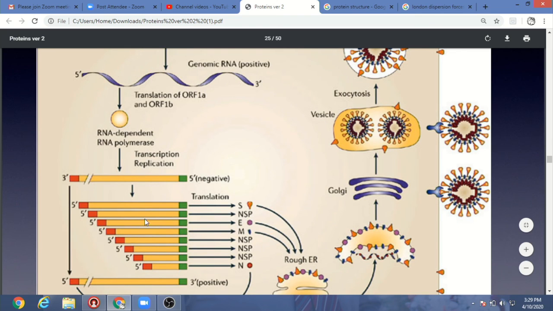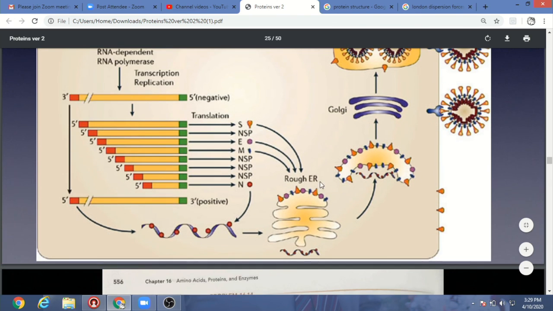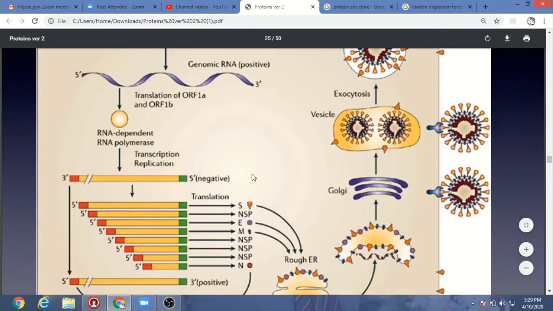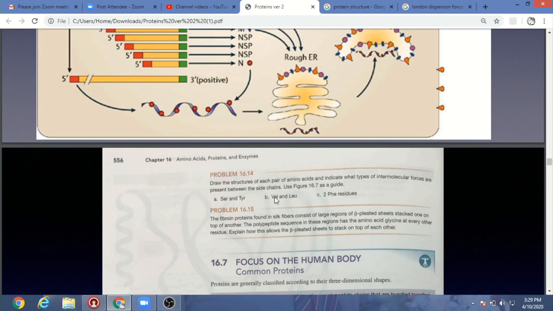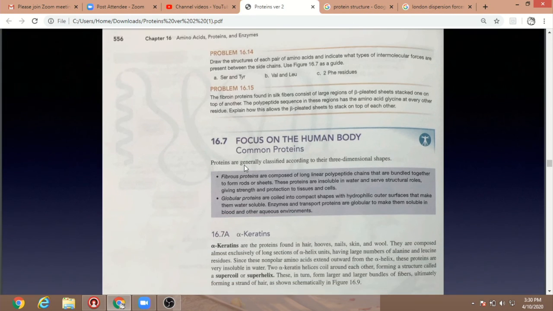It hijacks the cell, the ribosome, and its RNA-dependent RNA polymerase to copy these and make more proteins, and you're just going to keep making these viruses over and over and sending them out, and it causes an immune response in the cell. But it looks like you have a couple problems here you could work on to test your skills. Let me know if you have questions on that.